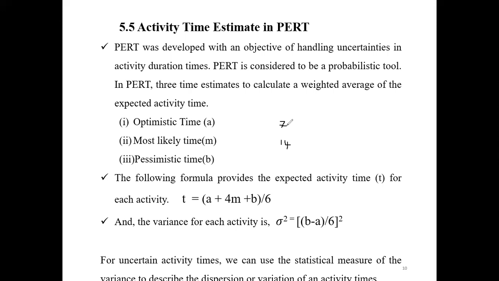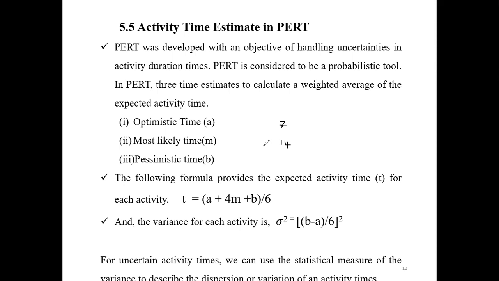That means 7 days, 1 week. So here, what is the optimistic time? It is the minimum, the very shortest time required to perform an activity. So that is optimistic time.